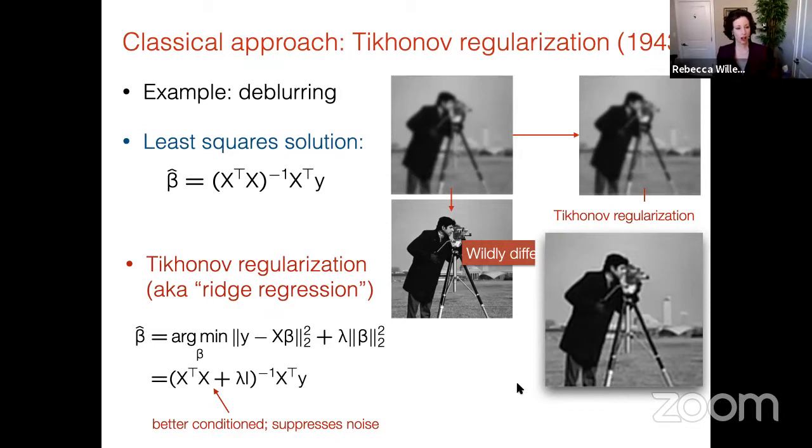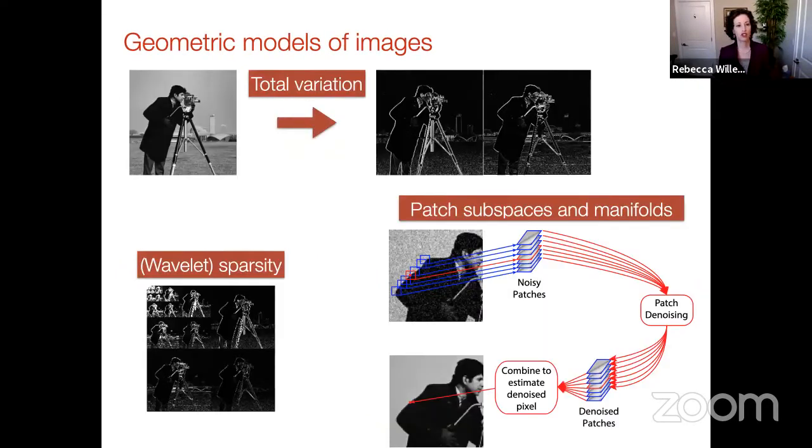From this sort of starting point, people have spent decades thinking about other ways in which we might suppress noise or exploit structure within images to get better reconstructions, and have considered this general framework of image regularization. Examples that you might be familiar with would include, for instance, total variation, where we would take an image and look at its first order pixel differences, either vertically or horizontally, and add the absolute values of those up.